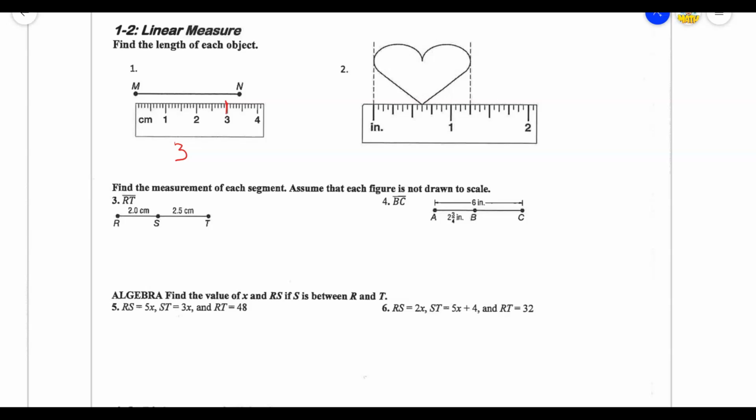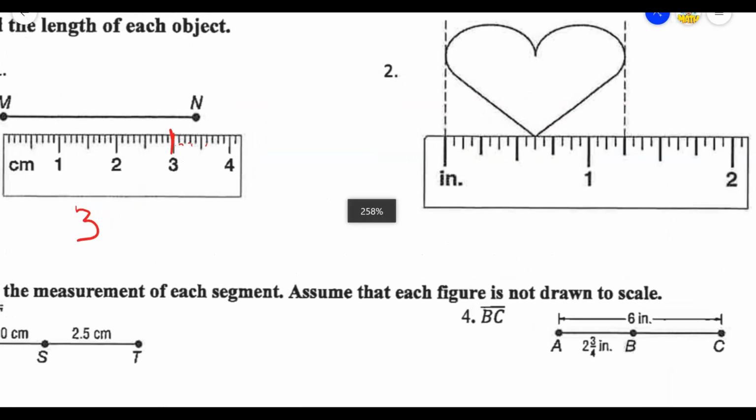So I want to focus on how many tick marks each centimeter is broken up into. And if you count, you'll see you have 1, 2, 3, 4, 5, 6, 7, 8, 9, 10. So each one of those tick marks is a tenth. And it looks like, if we can zoom in pretty closely here, that point comes right there where I have 4 tick marks. So we would say this is 3.4 centimeters.